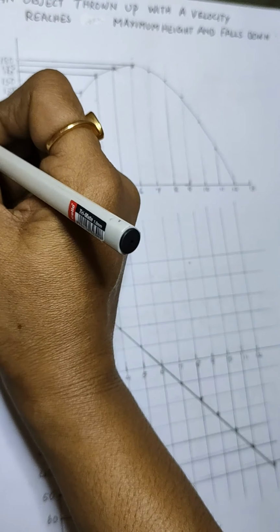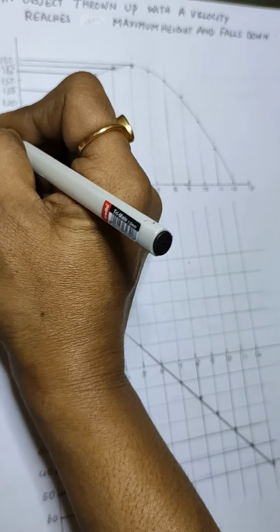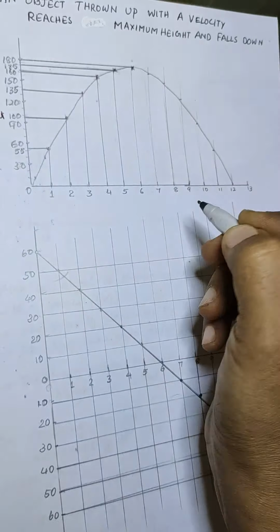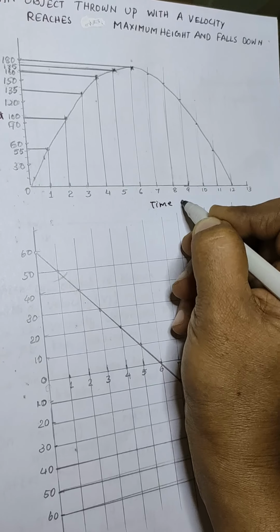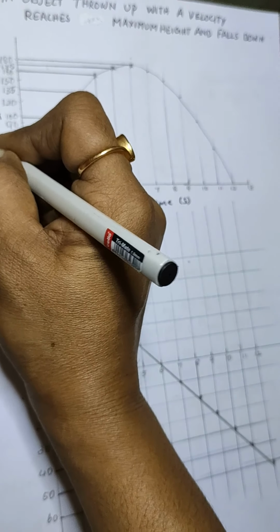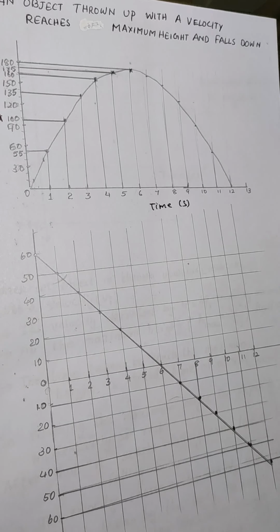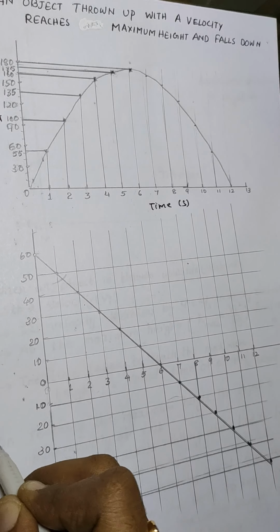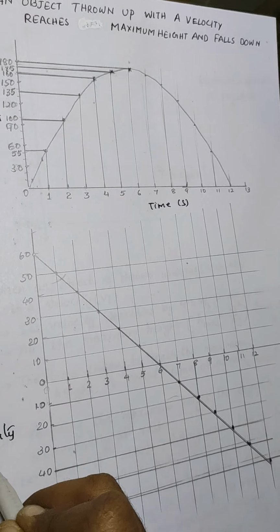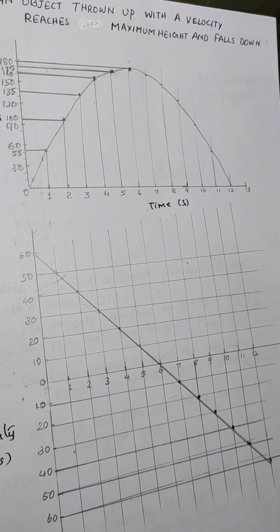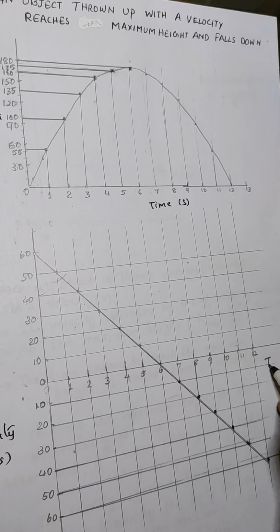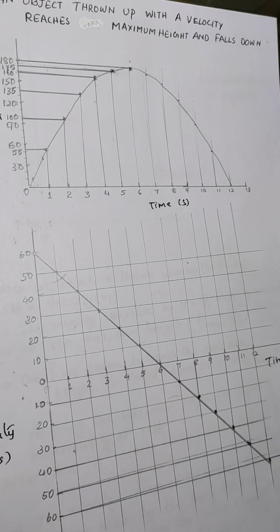Here it is displacement in meter and time in seconds. This is the displacement-time graph. You have the corresponding velocity-time graph, that is velocity in meter per second and time in seconds.